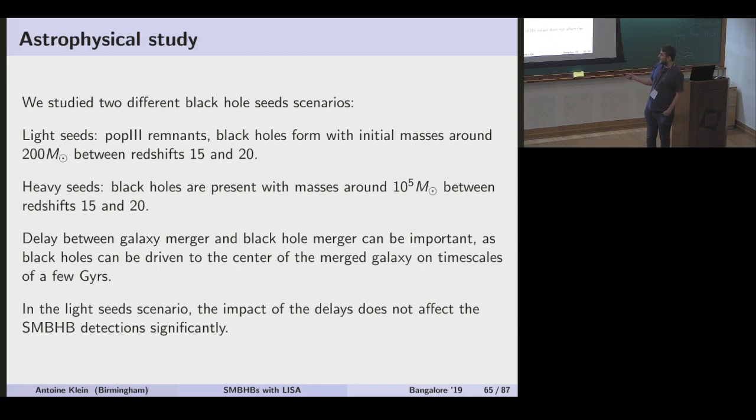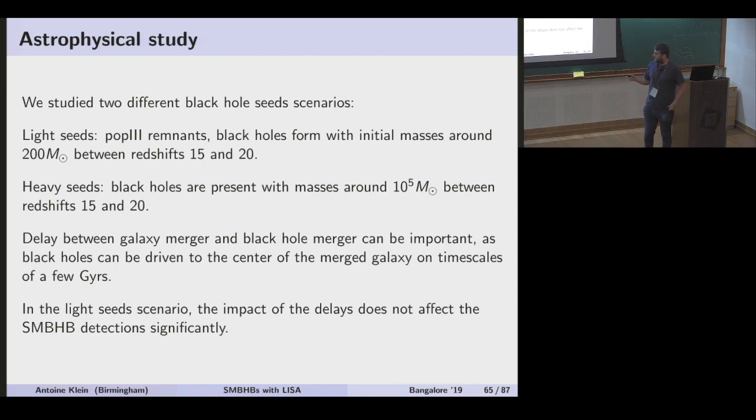And we had a heavy seed scenario with black holes present at redshift 15 to 20 with a mass already of 10 to the 5. One thing that came up is that delays between the galaxy mergers and the supermassive black hole mergers might be very important for the merger rates.